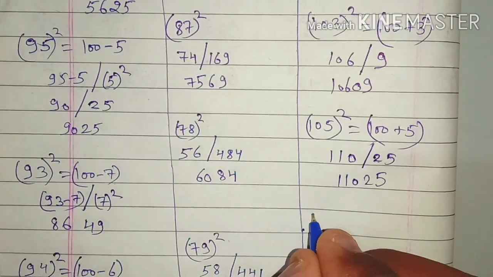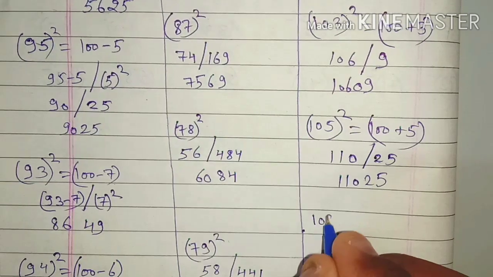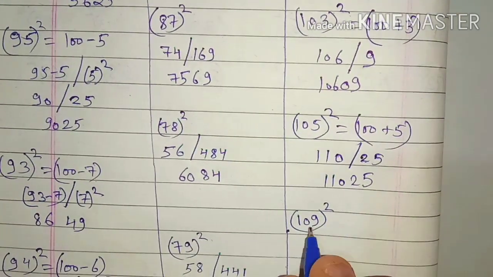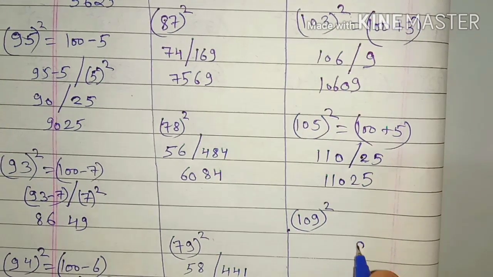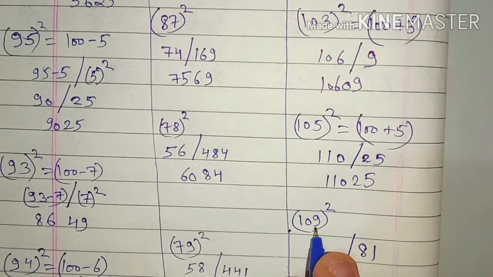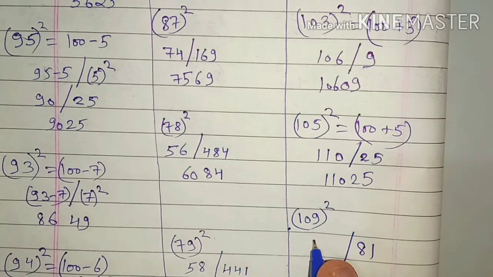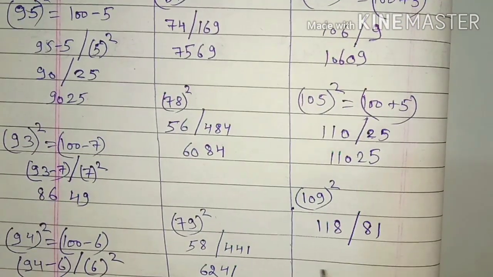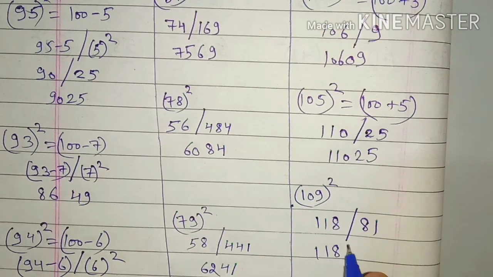We are taking one more example, 109 square. As the square of 9 is 81, 109 plus 9 becomes 118. So there are 2 digits, we can write it directly.